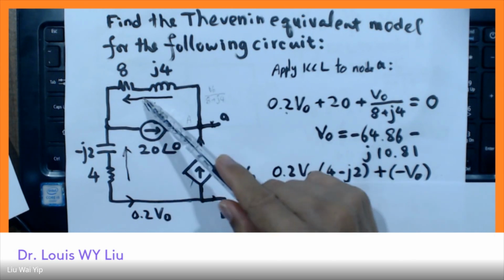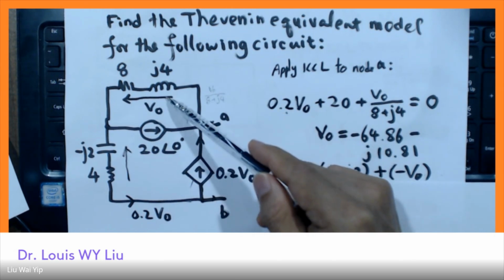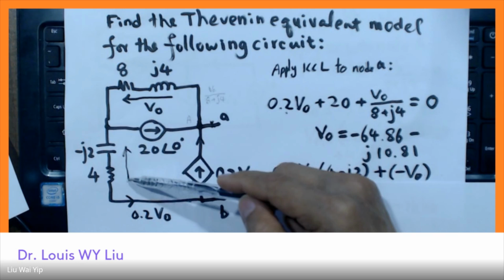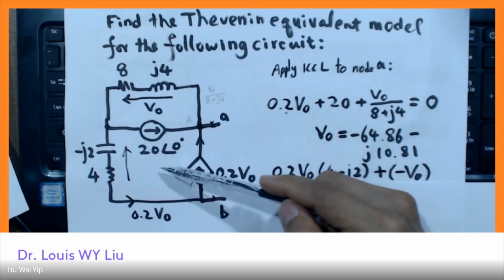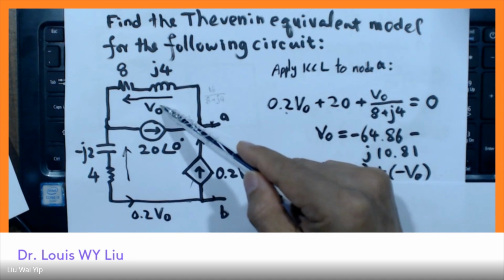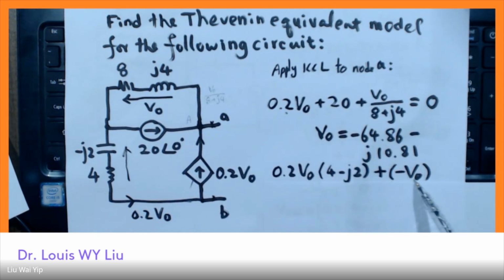Remember, we assume the voltage in a clockwise direction to be positive. But the voltage V naught here is in the opposite direction. So we end up with minus V naught. And the total sum should be equal to 0.